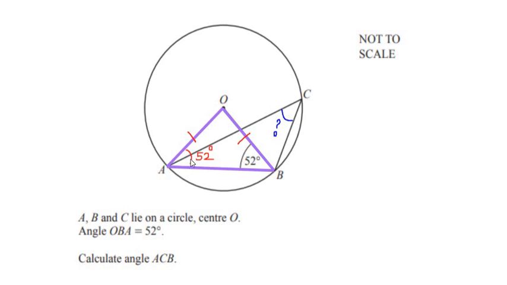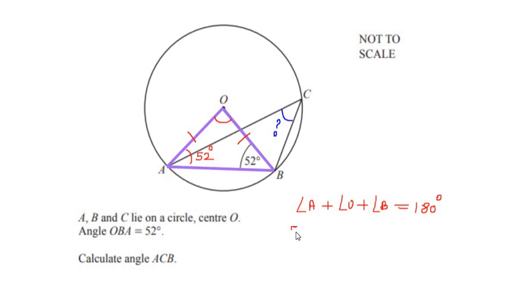Since two angles are already known, we will try to find out the third angle by using the angle sum property of the triangle. So we can write angle A plus angle O plus angle B is equal to 180 degrees. This is the angle sum property of a triangle, where all the angles of the triangle add up to 180 degrees.